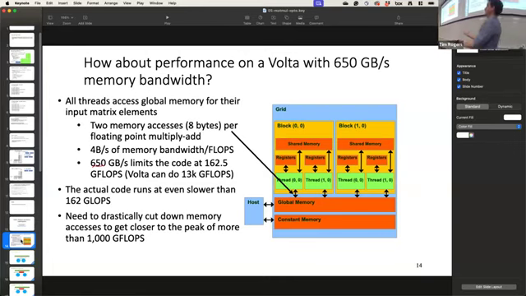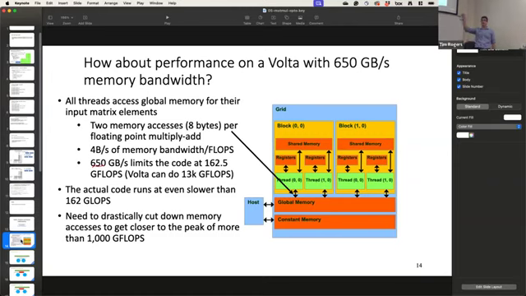So that simple piece of code, you look at it and you're like, okay, I've got all these compute units on my GPU and it's using 162 out of 13,000, or like 10% of the flops that you could get, being consumed by this very simple kernel. It's using all the memory bandwidth you have, but who cares? What you want is to keep the floating point units busy, and you're not doing a good job.